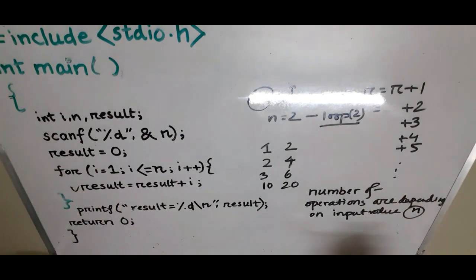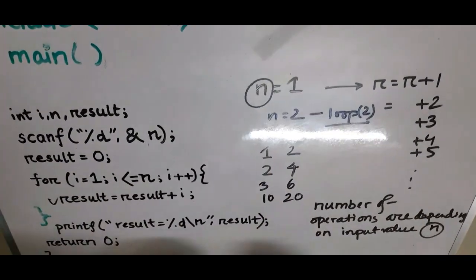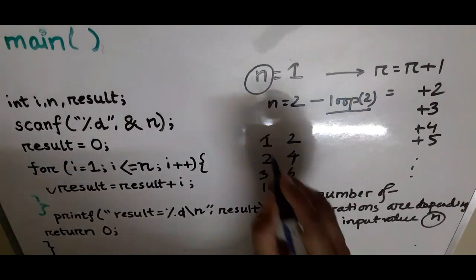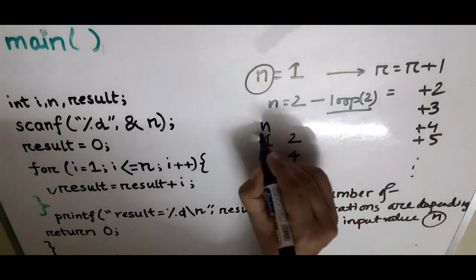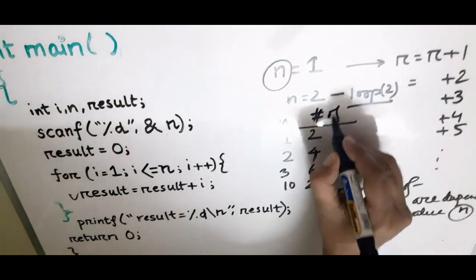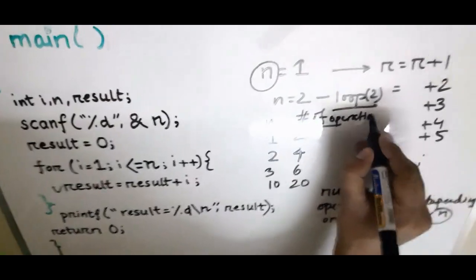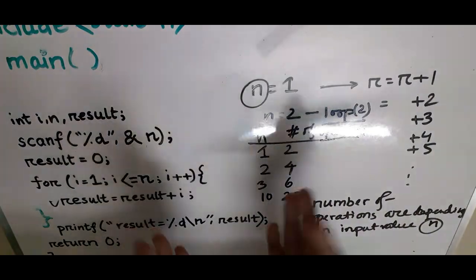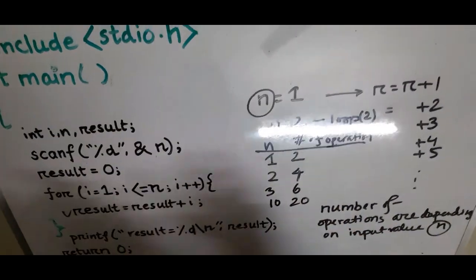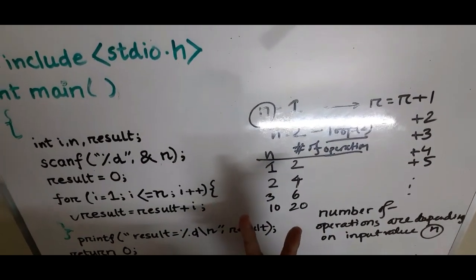Can we say that? Yes, of course we can say that. And the relationship between this is n and this is number of operations, right? So the relationship, if we observe carefully, what kind of relationship do we have?